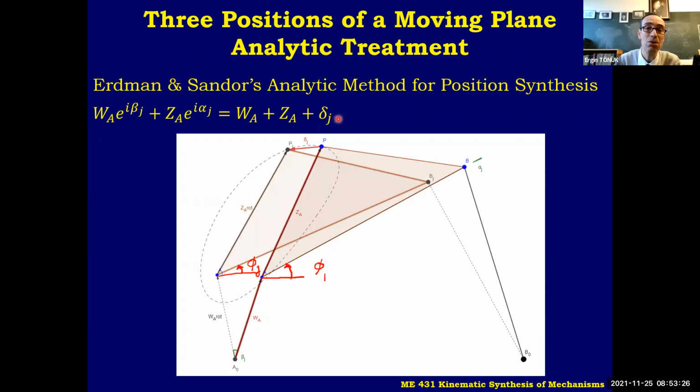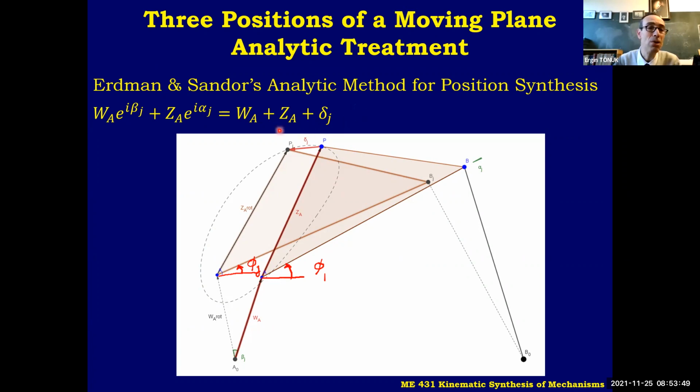So this is how we derive Erdman and Sandor's, sometimes called the dyad equation. Actually, it's not exactly this. We just manipulate it slightly, but this is how it's derived. Any questions? Actually, we discussed this last week as well. I guess it's clear.